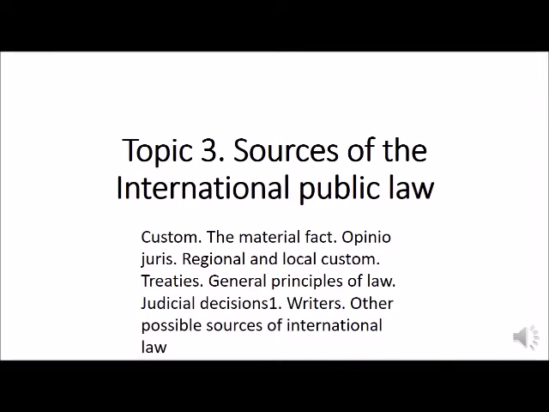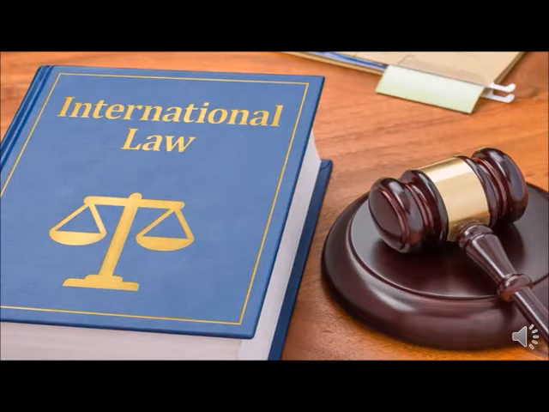Although this formulation is technically limited to the sources of international law which the International Court must apply, in fact, since the function of the court is to decide disputes submitted to it in accordance with international law, and since all member states of the United Nations are ipso facto parties to the statute by virtue of Article 93 of the United Nations Charter, states that are non-members of the UN can specifically become parties to the statute of the court.